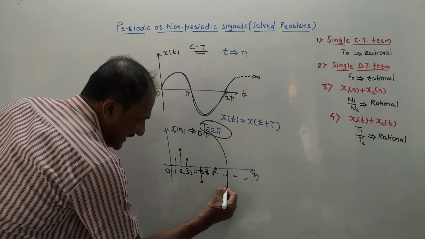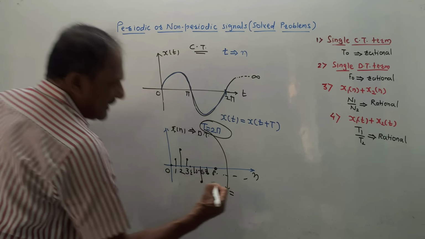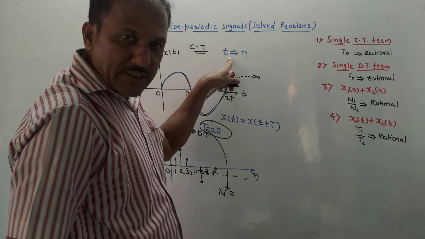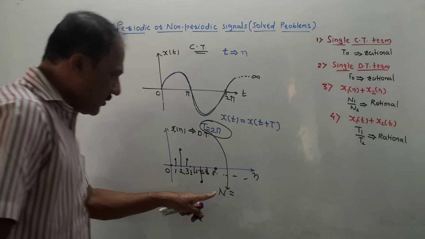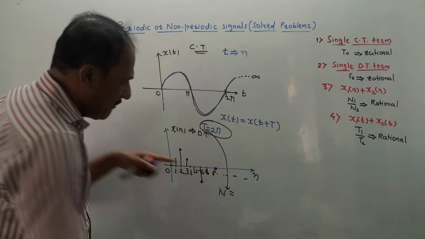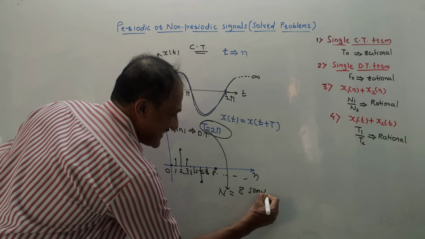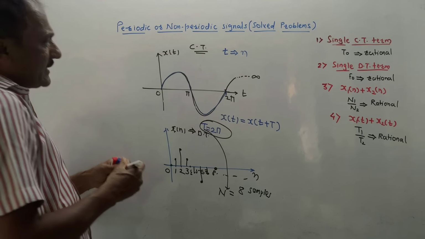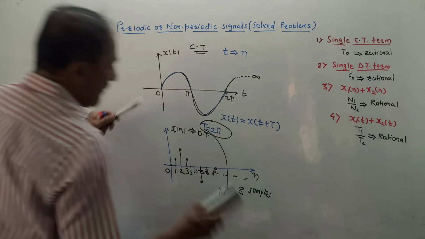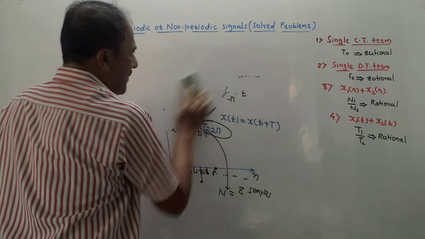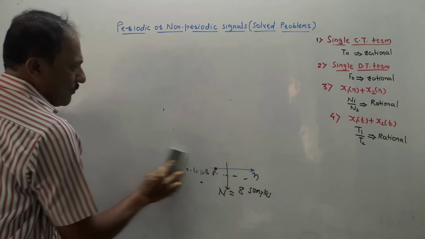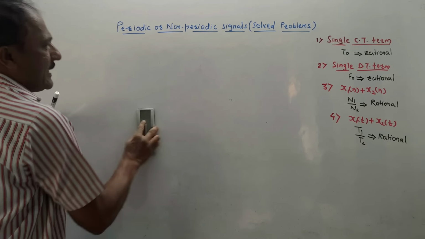The similar notation in a DT signal is capital N. Very simple. Since we have replaced small t by small n, in the same way you have to replace capital T by capital N. So in this case, the fundamental period will be 8 samples. Why the unit samples? Because after a particular number of samples, the signal repeats. So the fundamental period is 8 samples.